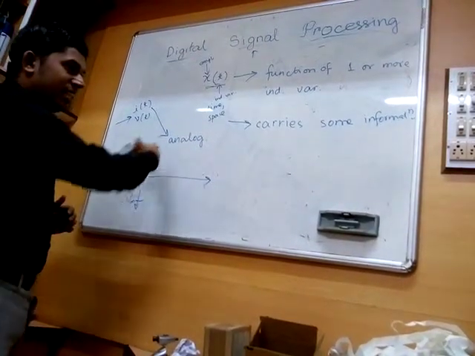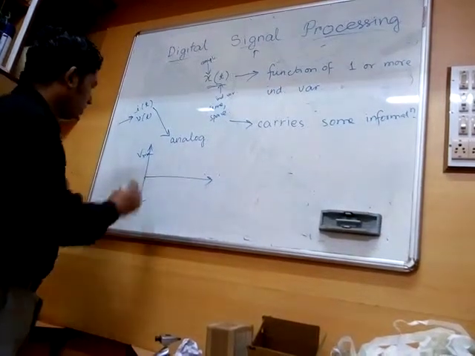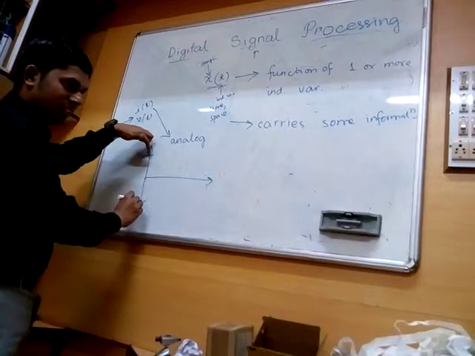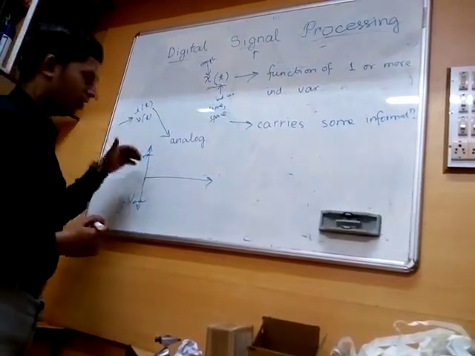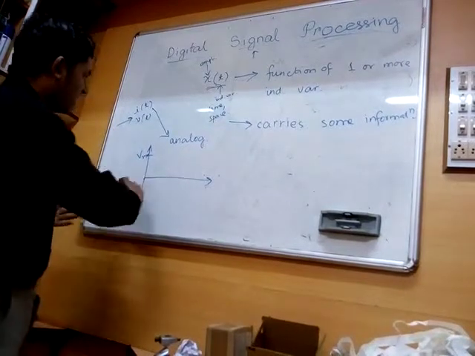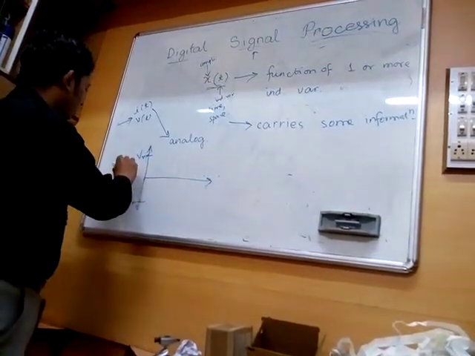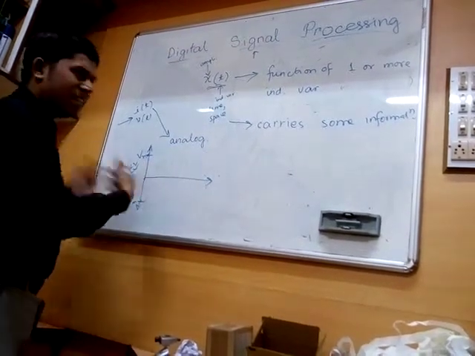It can take any level. So analog means the amplitude of the signal is not confined to a particular level or to particular levels. It can take any value. So my signal can be 1.2 volts, 1.222 volts, it can be anything.